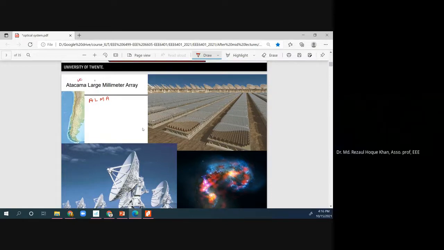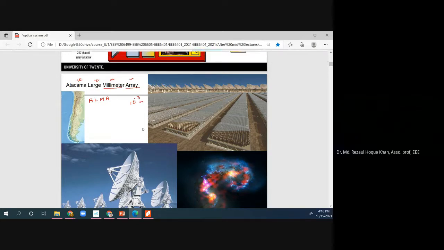An array, we know, is a range of antennas. Millimeter, because this is in the millimeter range. Millimeter means 10 to the power minus 3 meter.